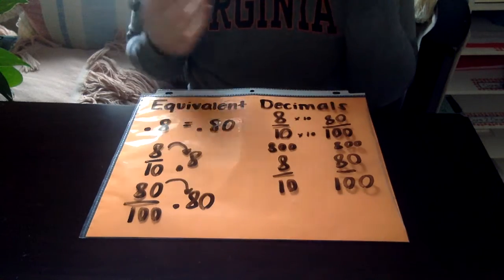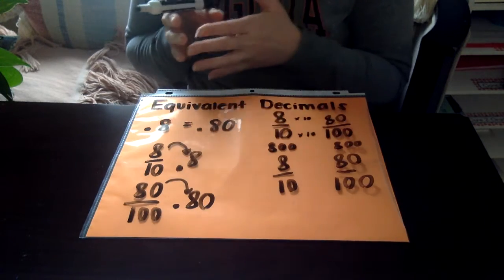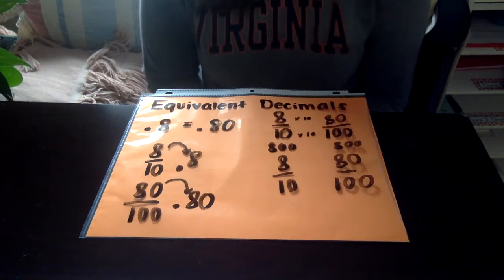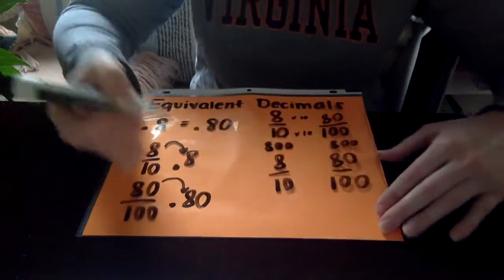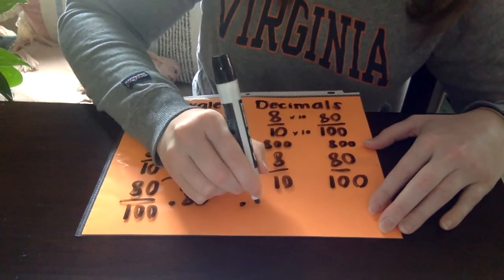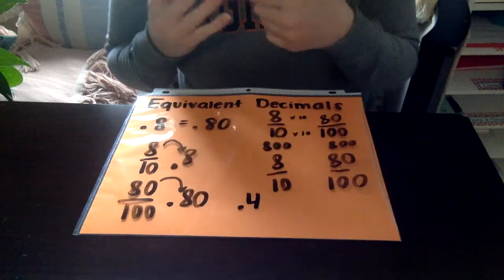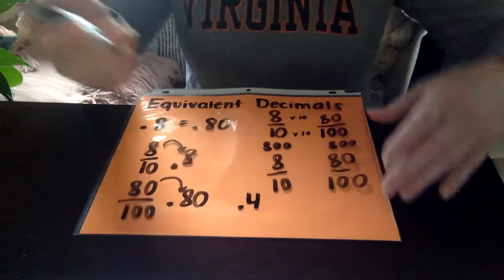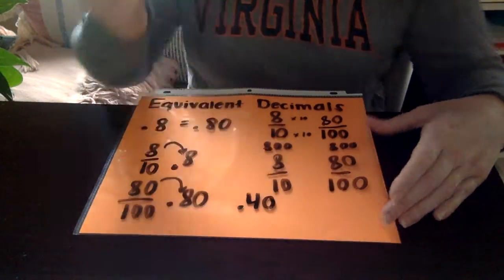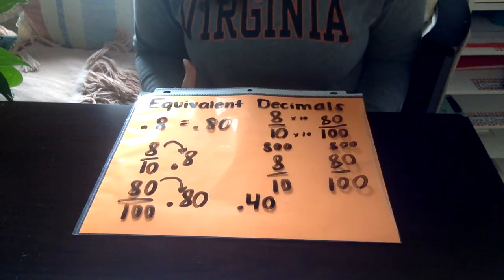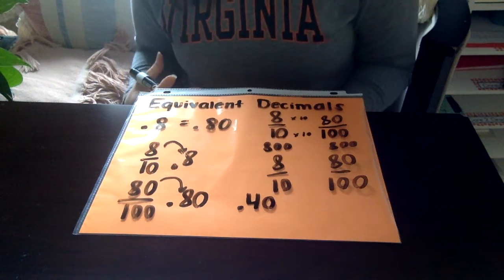One way to keep this super simple when you're going from tenths to hundredths and then hundredths to thousandths is just to add a 0 behind it. Right? If I have, for example, the decimal 4/10, and I'm looking to put that instead of the 10th spot into the hundredths, I simply am going to add a 0 behind. Now I have 40 hundredths, and that is the exact same value as 4/10.